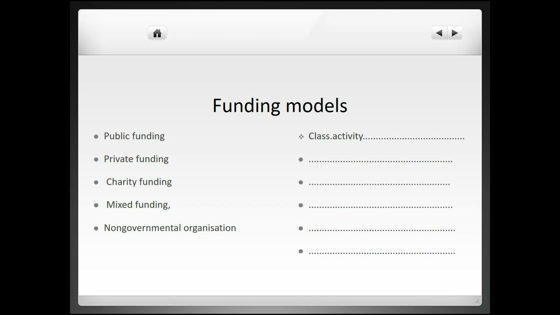Every policy that is brought about needs funding, because without funding, policies don't work. So this slide is trying to let us understand different modes of funding with classical examples.